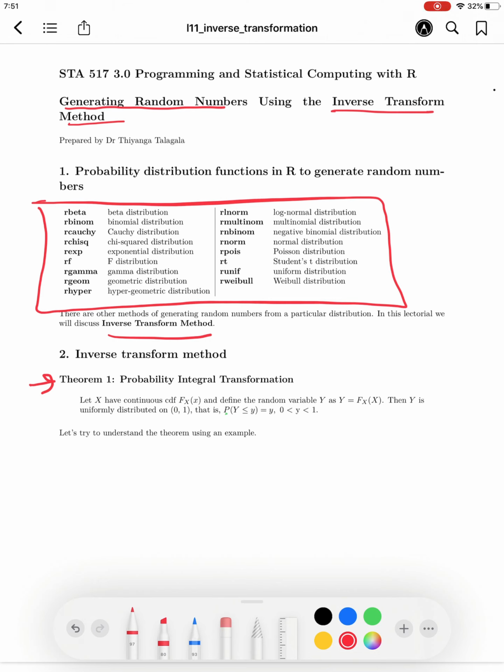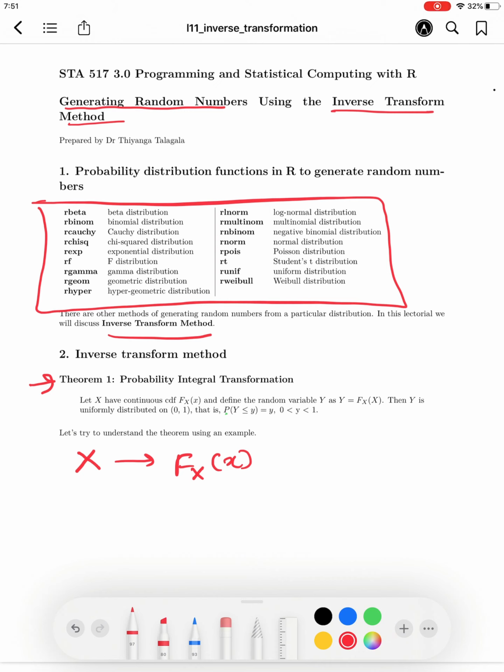So here what the theorem says is you have a random variable X, and the cumulative distribution function of this random variable is F_X(x).